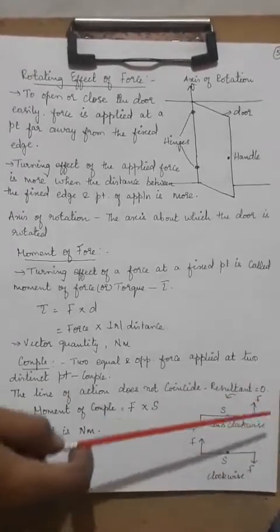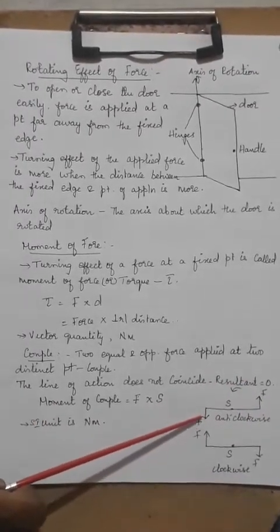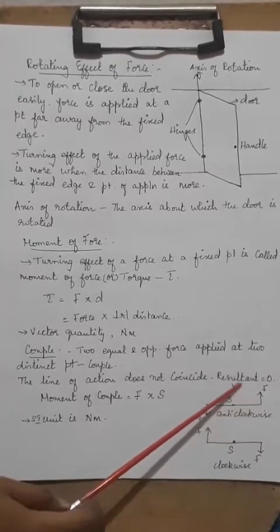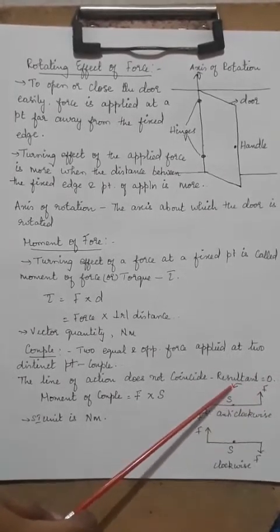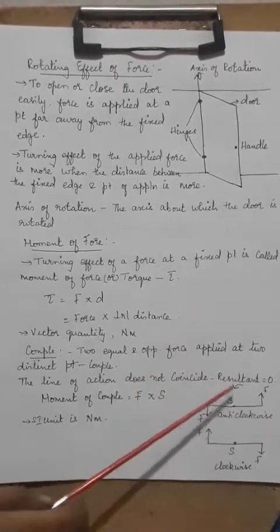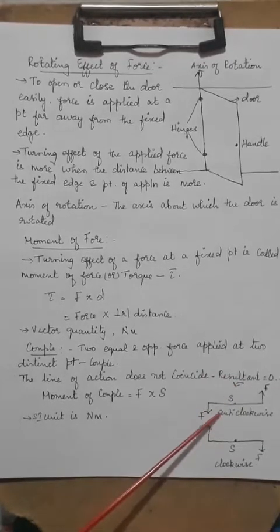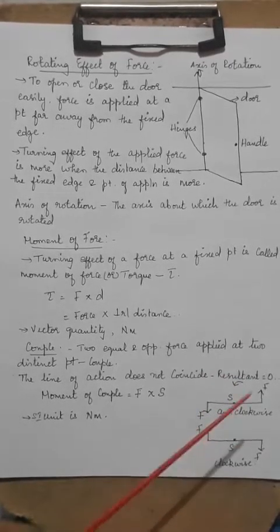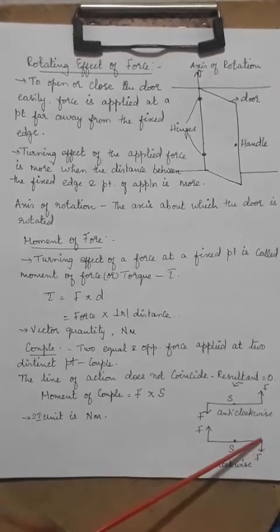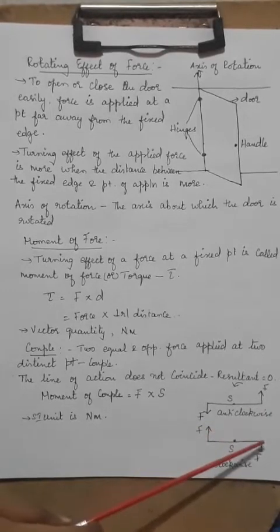When one force acts upwards and the other force acts downwards, this force will start tending to move to the side I have drawn an arrow mark. If you look at a clock, it is in the opposite direction. Hence it is called anti-clockwise moment. Now what happens here is this force is acting downwards and this force is acting upwards. So what will happen?